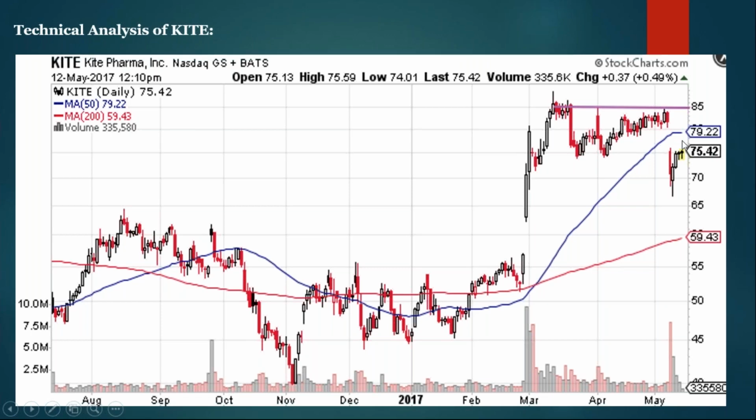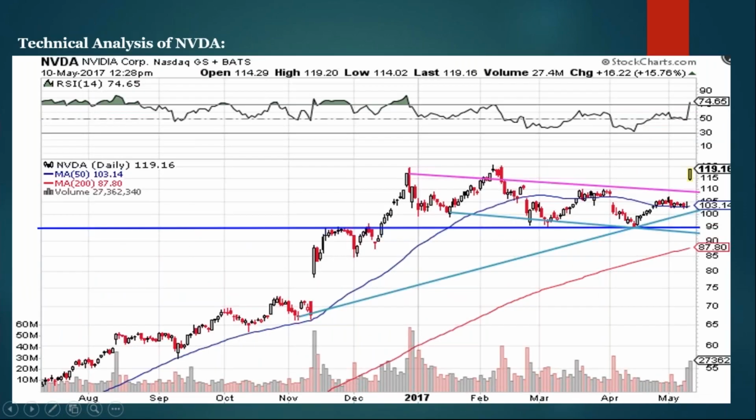So it did break 76.50. I didn't get in. So it is trading here now. The aggressive entry came on the day when the CEO announced that he's buying shares. And if you're long, you're still long, because 80 is the exit. If you have not exited here at 75, it's trading here right now.